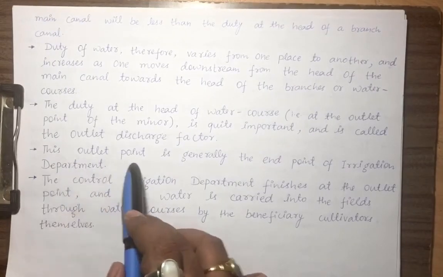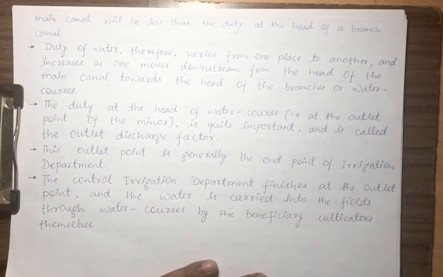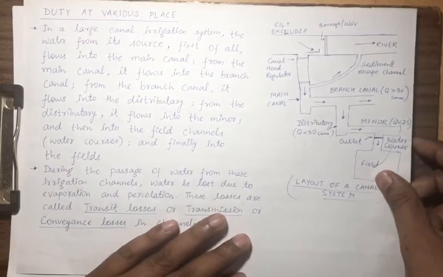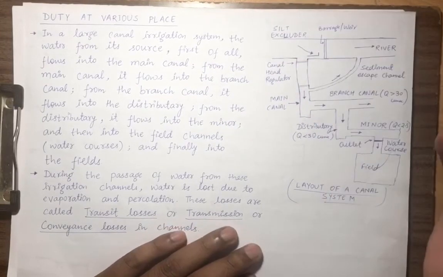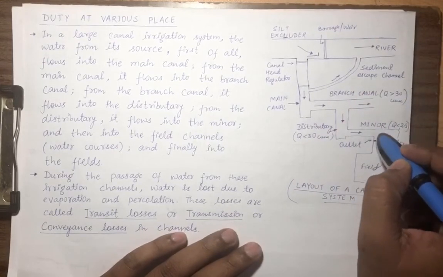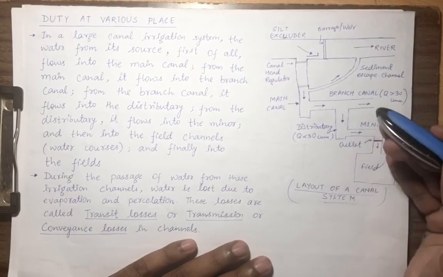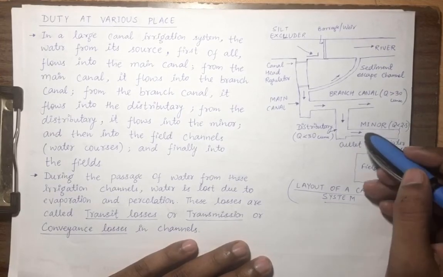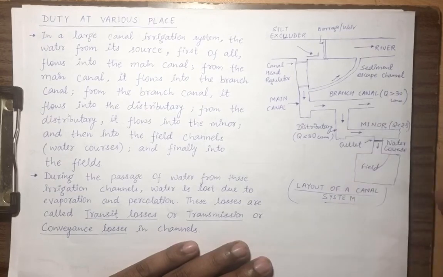This outlet point is generally the end point of the irrigation department. The irrigation department is basically a department of the government. So this point is the last point for the irrigation department. After this point towards the field, the cultivators will be controlling the various processes.